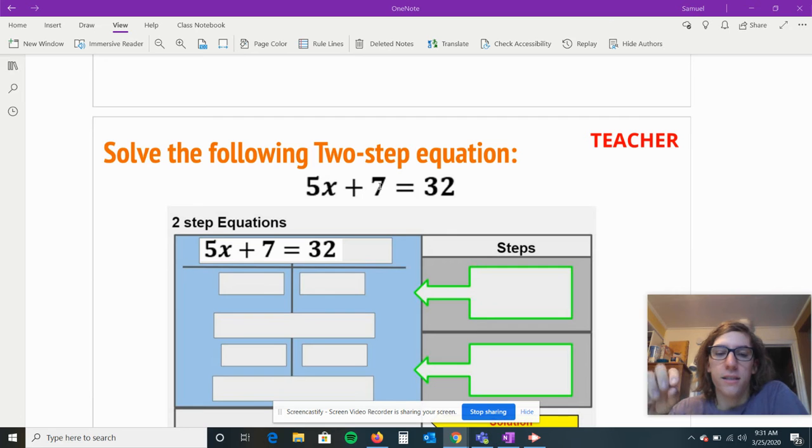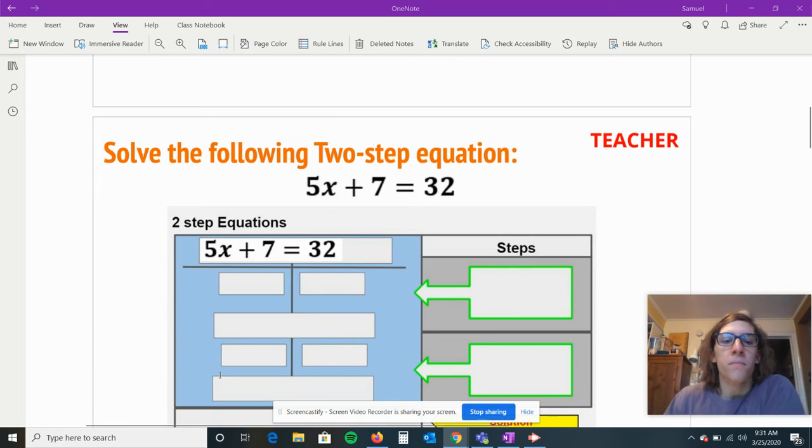But I would suggest finding a way to click on that PowerPoint, download it, and fill in the text box. Or you can also follow along on a sheet of paper. Make sure you're doing one of the two. That way you don't get left behind and you're able to participate in the self-practice.